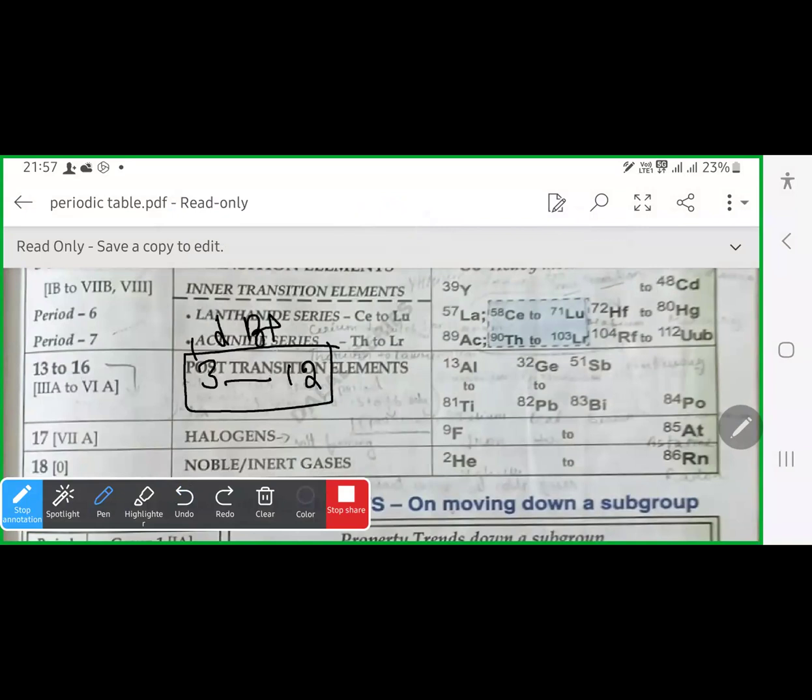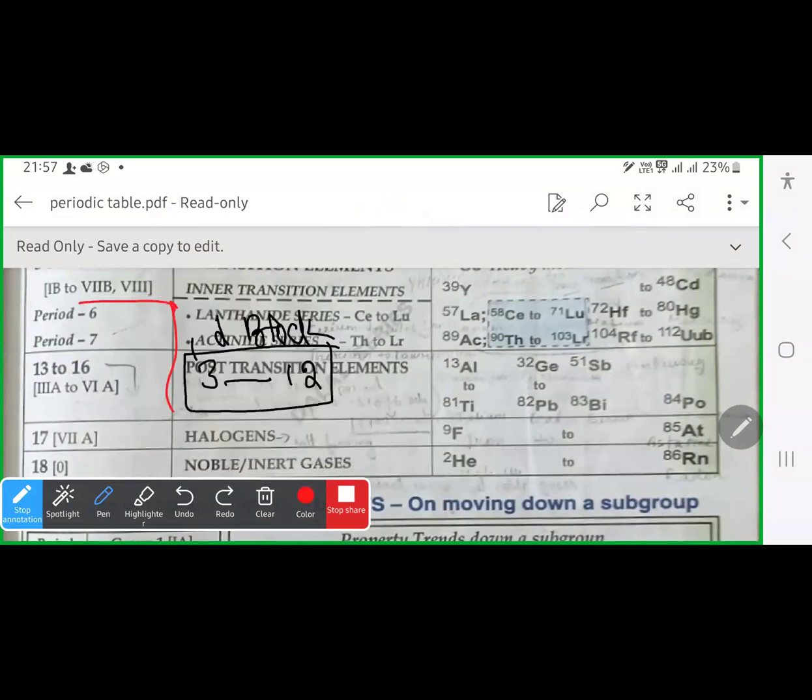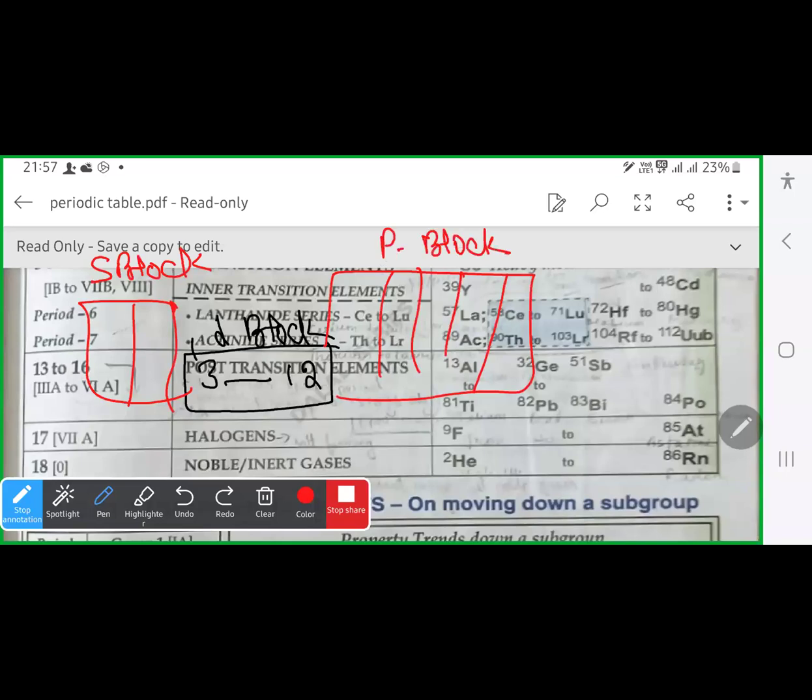On the left side of it, the two groups are the S block, and on the right side of it, six groups are the P block, and at the bottom it is the F block. So we classify the whole periodic table into four blocks: S block, P block, D block, and F block.